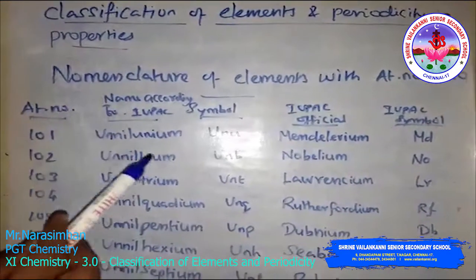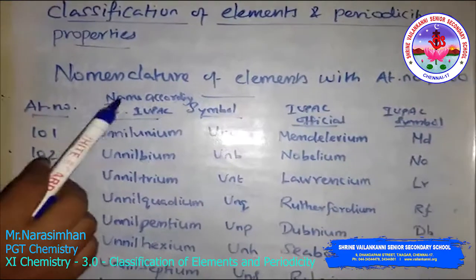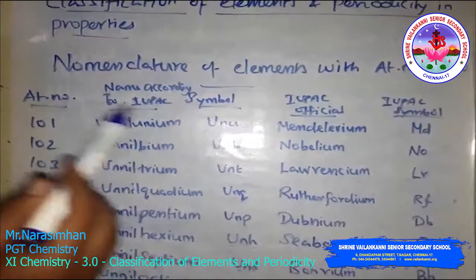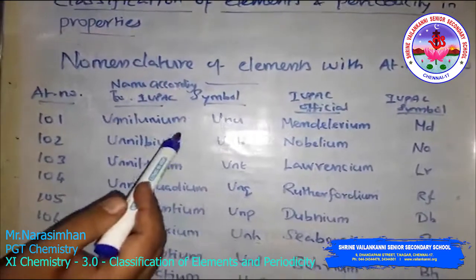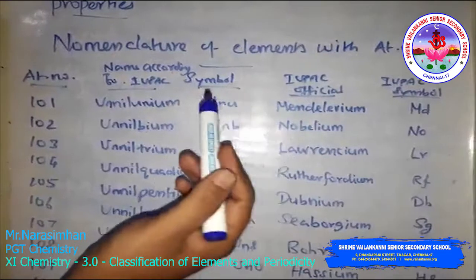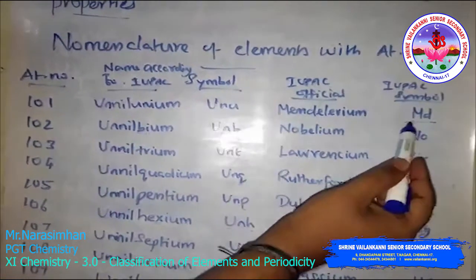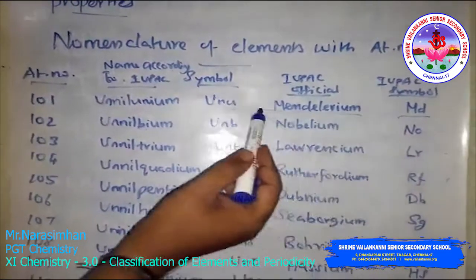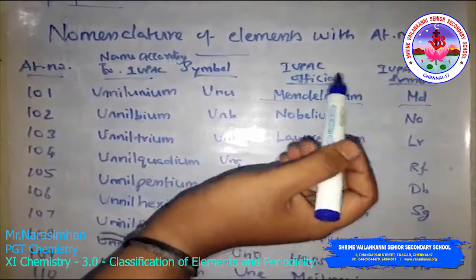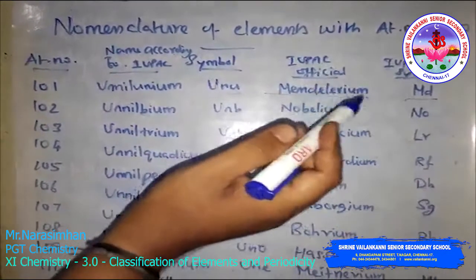The new elements first get a temporary name, with a symbol consisting of 3 letters. So this is the temporary name. Then the permanent name and the symbol are given, that is the IUPAC name. The symbols are given by vote of the IUPAC representatives from each country.